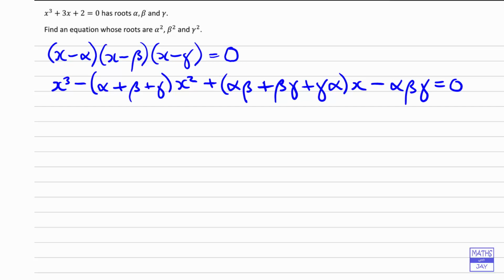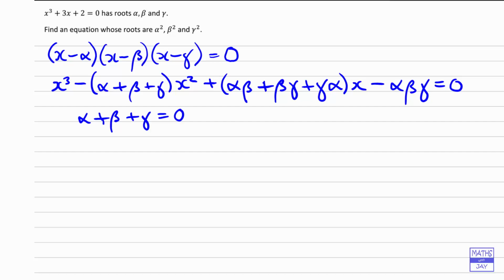And then we can compare coefficients. So if we look at the original equation, we can see that there is no term in x squared, but here we've got x squared being multiplied by minus (alpha plus beta plus gamma). So that tells us that to start with, alpha plus beta plus gamma must be 0.